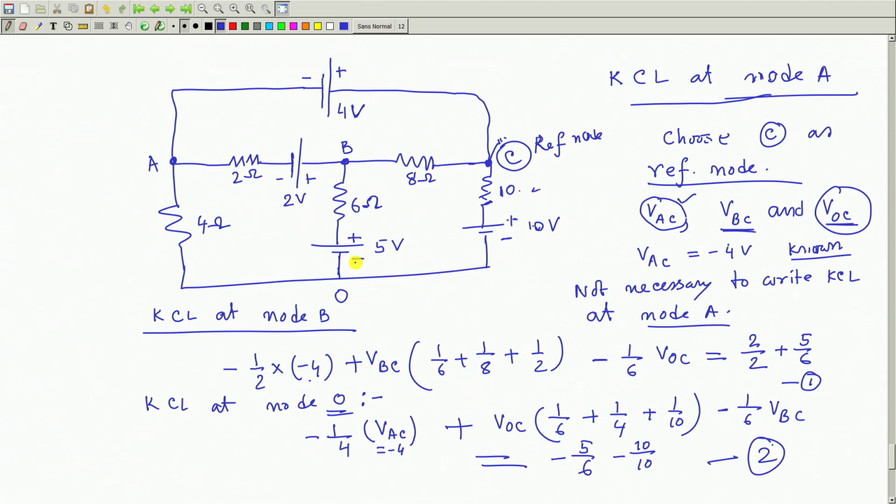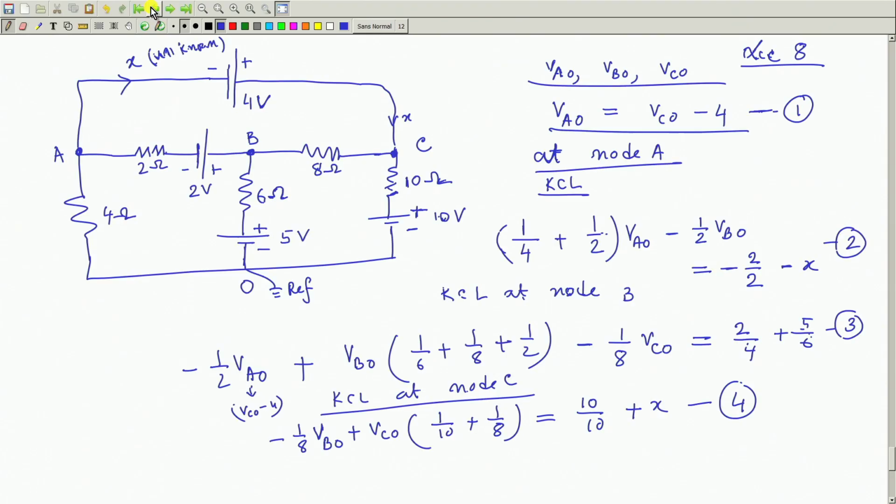And so that is one option, and the second option is you could choose O as your reference. Then what do I do with this branch? Because I cannot write voltage by resistance here, although 4 volt is present.